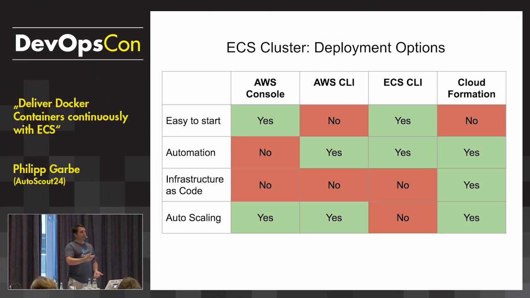So you define the desired state of these resources. You send that file to the CloudFormation service, and then CloudFormation takes care of creating all these resources. It also takes care of updating these resources and of the dependencies in between.